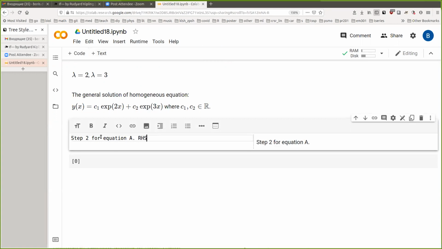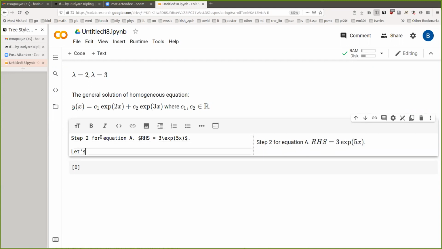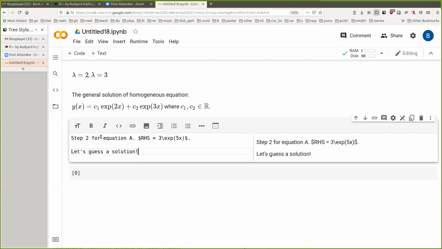Step 2 for equation A. Right-hand side is 3 exponent of 5x. And now we need to guess a solution. We know that if we take the derivative of exponent of 5x once or twice or 3 times, we will always get some number multiplied by exponent of 5x.